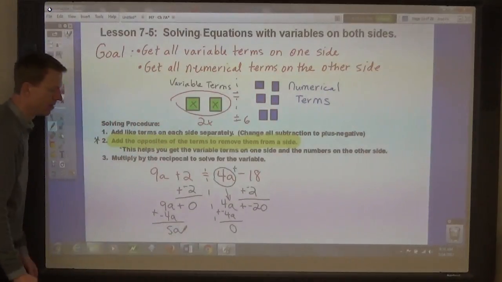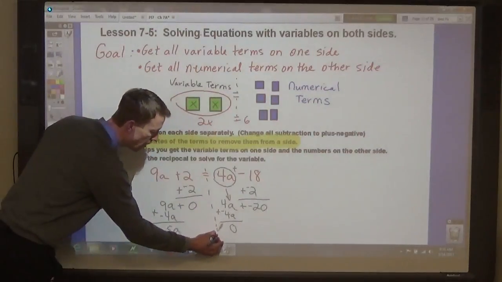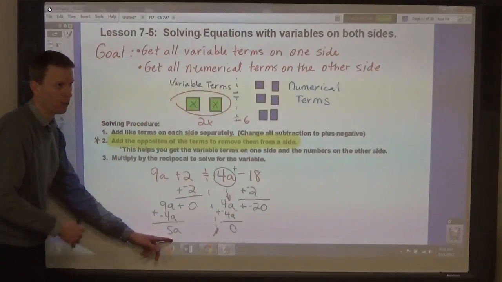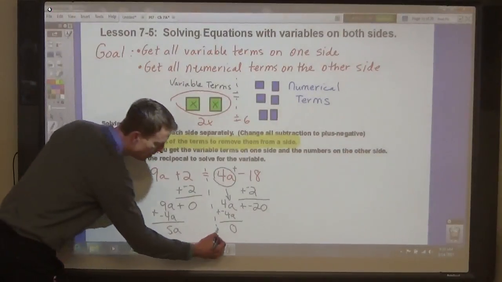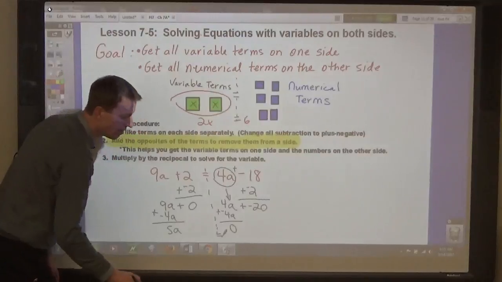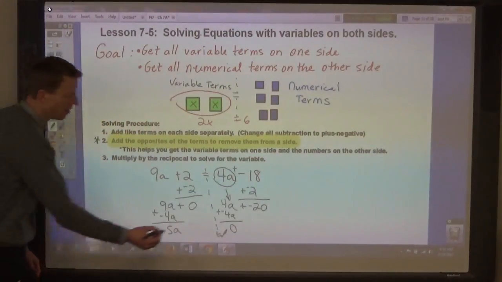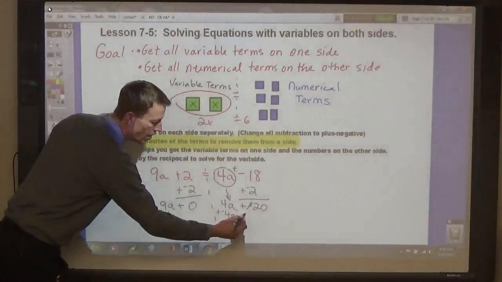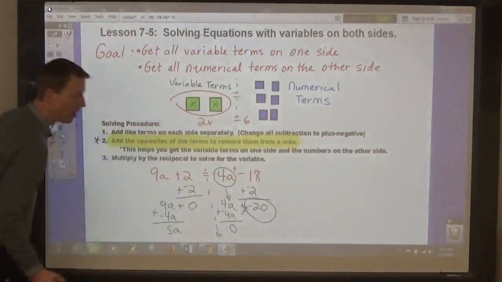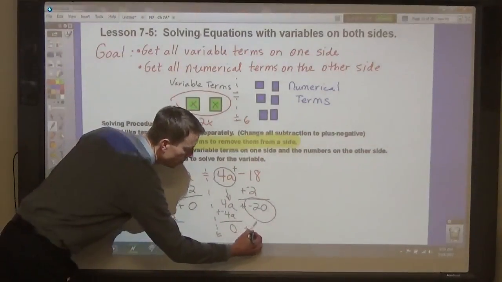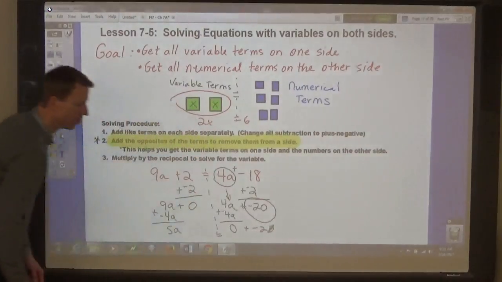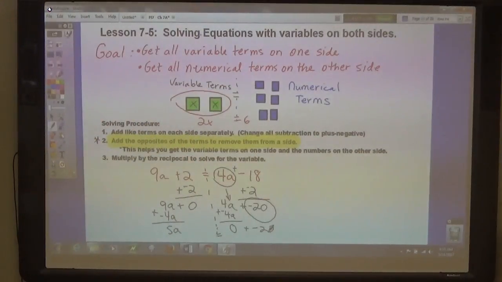So we have 5a on the left side, and that equals what on the right side? Negative 20. Just the negative 20 is left, right?